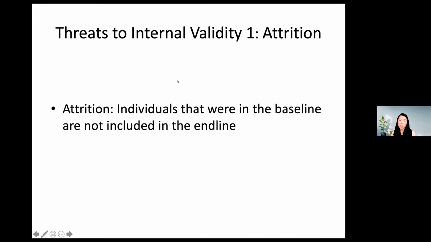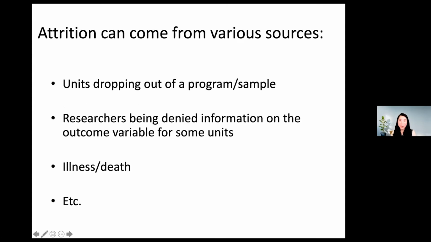So the first one we're gonna take a look at is attrition. What this means is individuals in your sample that were in the baseline, but then by the end of your experiment, when you're trying to follow up at the endline, they disappear, right? There are many reasons why they can disappear.